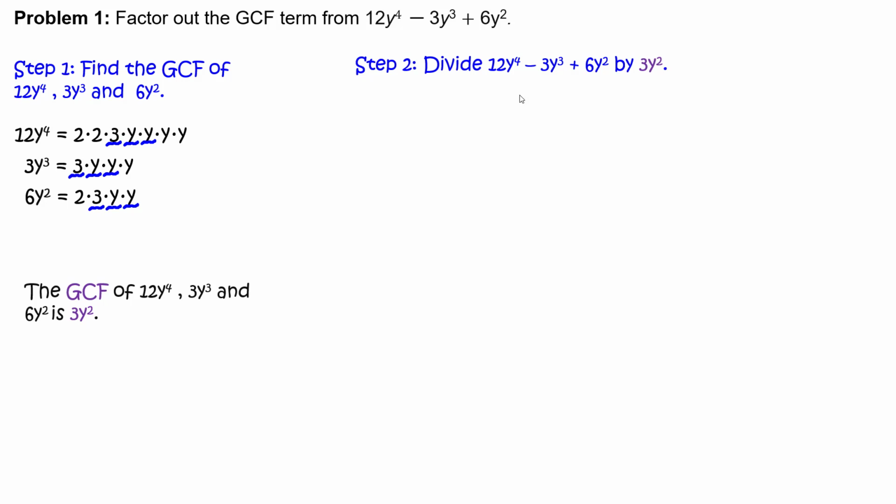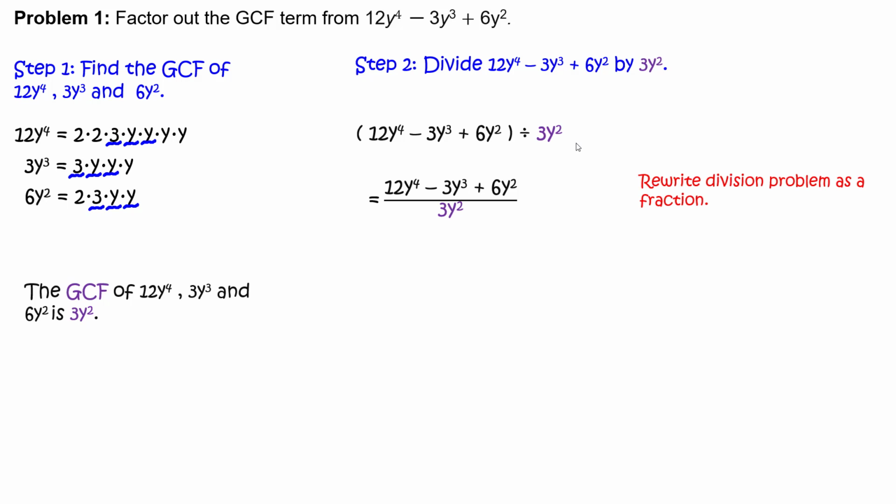And then remember, to factor out means I'm dividing this polynomial, this trinomial, by 3y squared. So I'm going to write 12y to the fourth minus 3y cubed plus 6y squared divided by 3y squared. Then I'm going to rewrite the division problem as a fraction that we're used to, right?